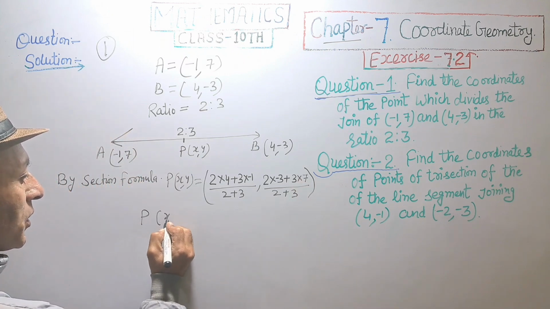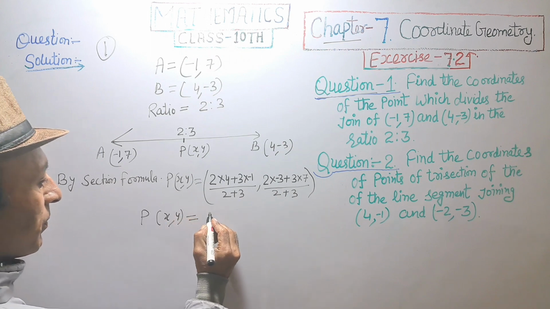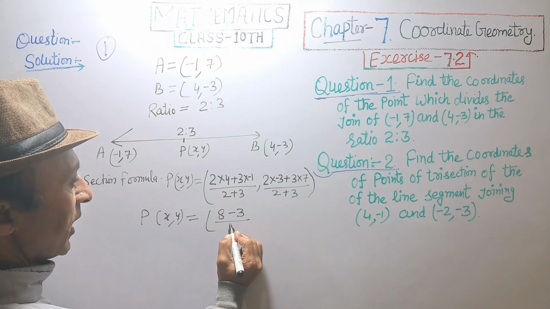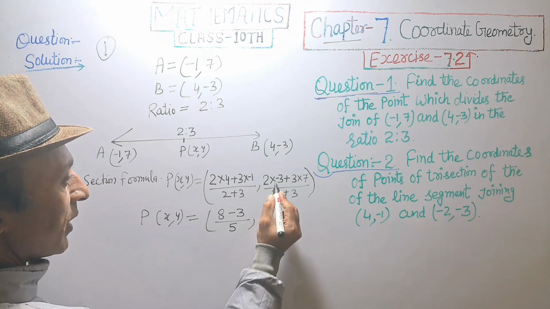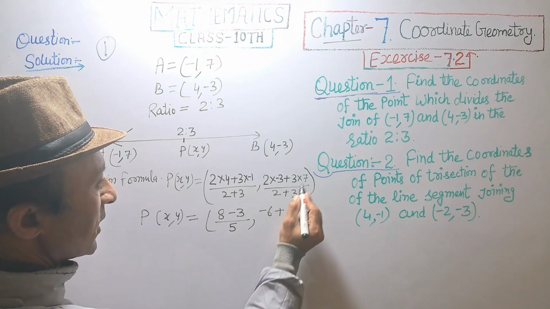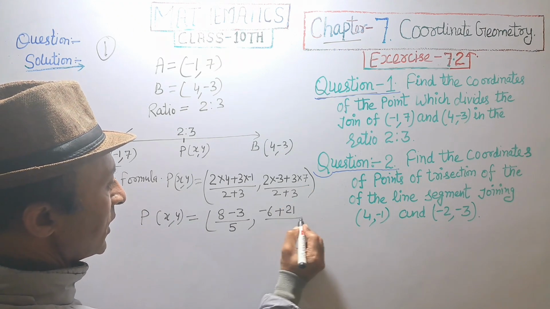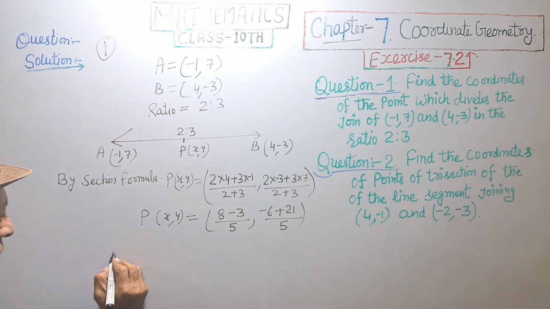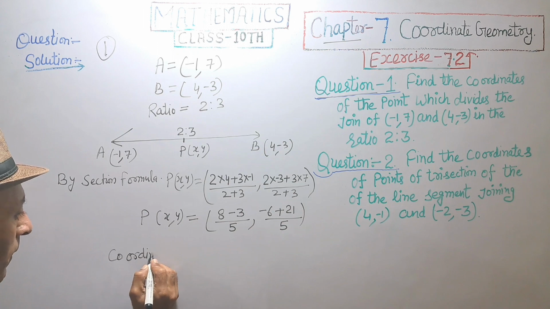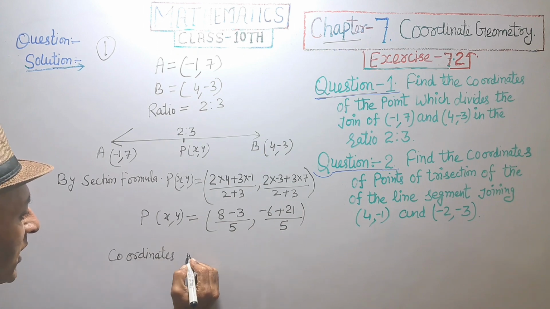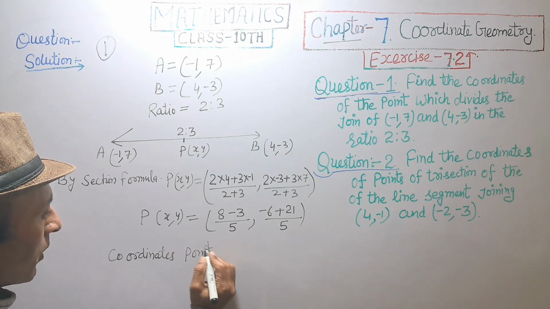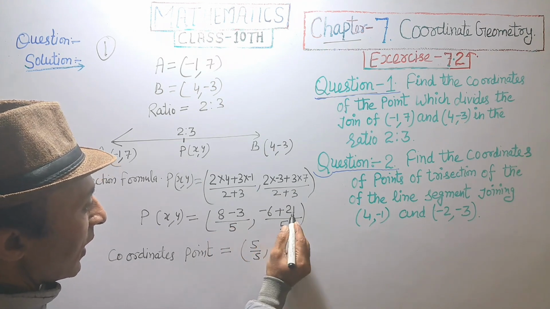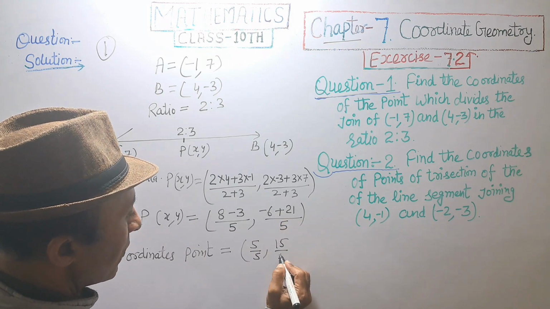So P X, Y is equal to 4 2s are 8 minus 3 1s are 3 divided by 2 plus 3, that is 5 upon 5, and 3 2s are minus 6 plus 7 3s are 21 divided by 3 plus 2, that is 15 upon 5.